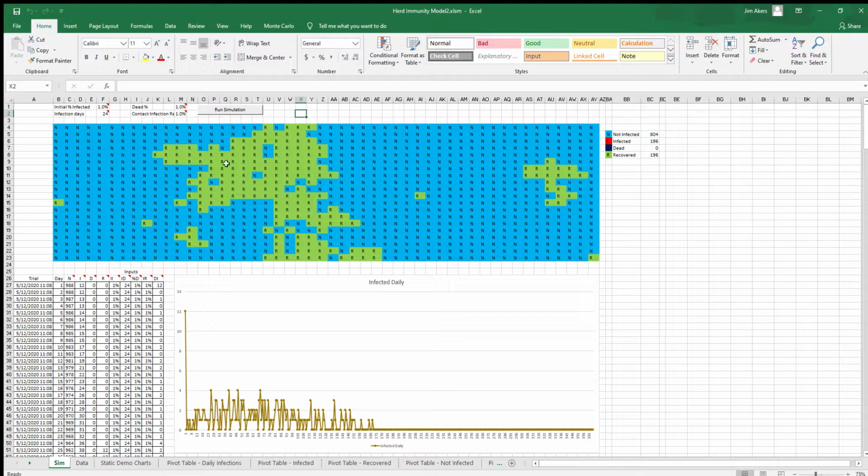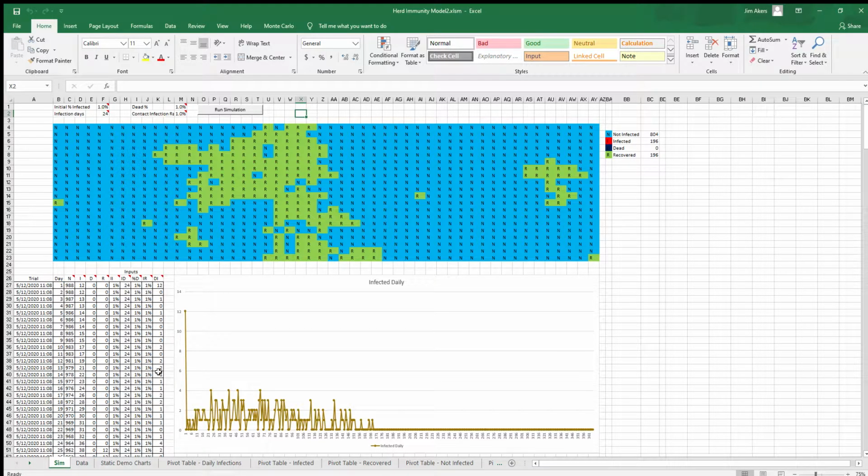It started in a number of different places and then was extinguished. The virus is gone. We left 804 people not infected, 196 were infected. No deaths. No one died. And 196 did recover. And you can see down here just how flat this curve was, how flattened out it was. Okay, that's the model.